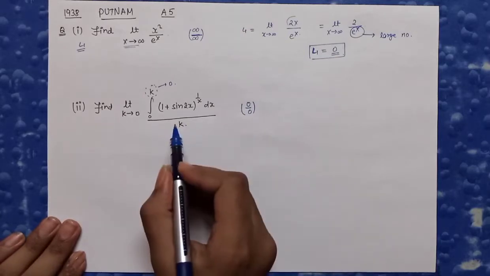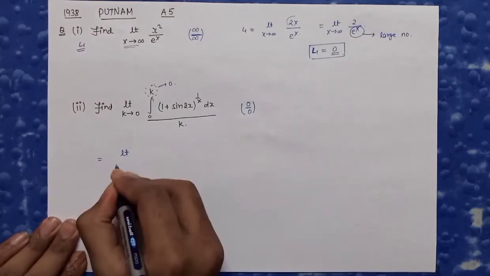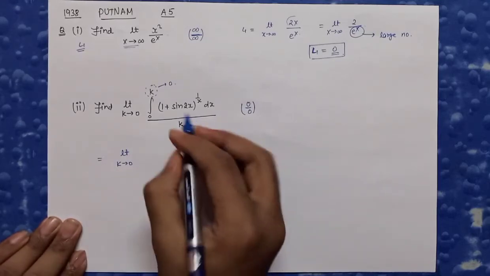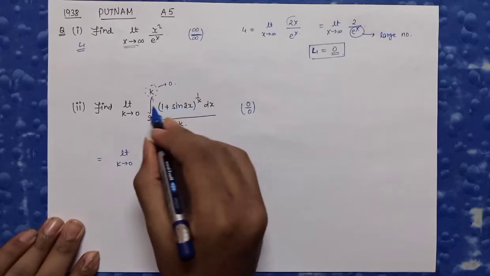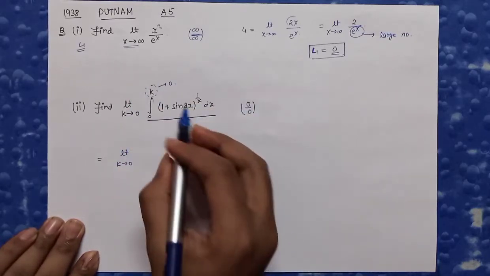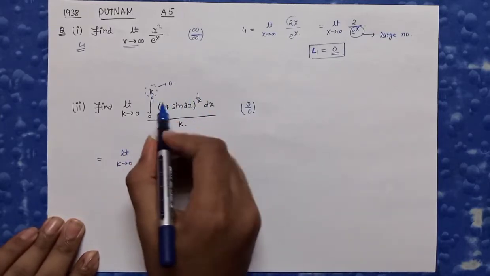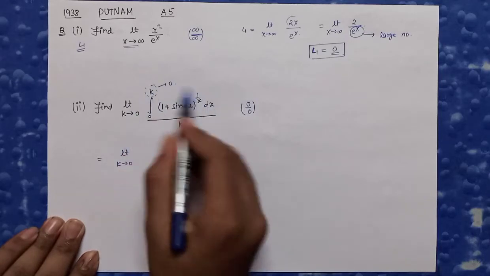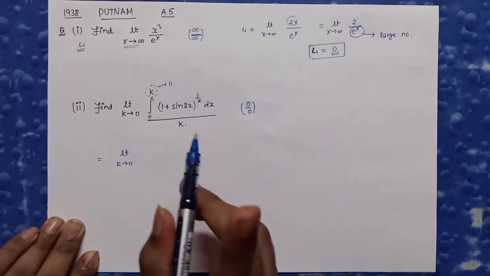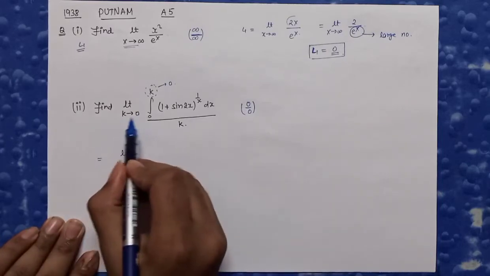So once again I will use L'Hospital's rule. Let's rewrite the expression after using it. We can use differentiation of an integral, and I am going to differentiate with respect to k because k is tending to 0.